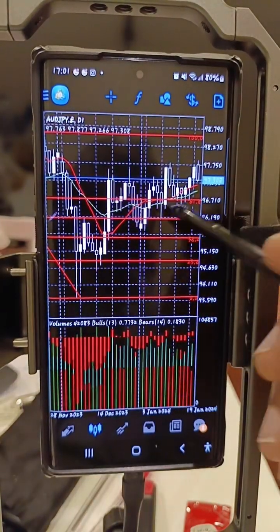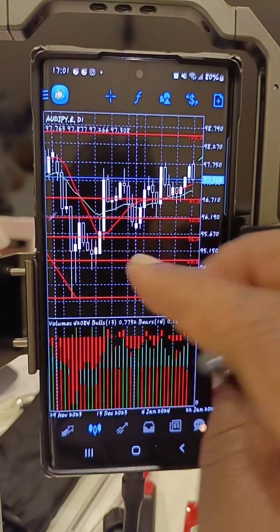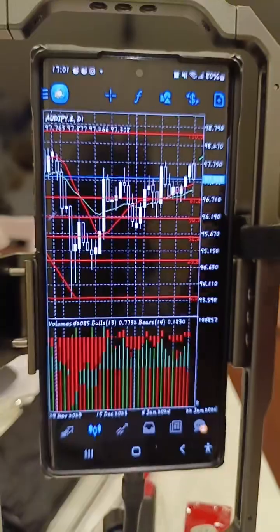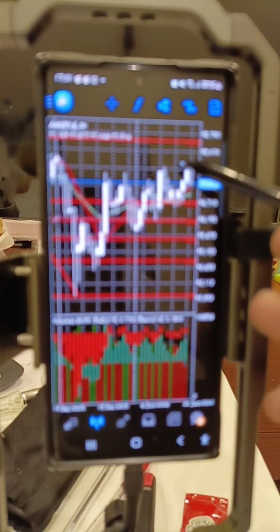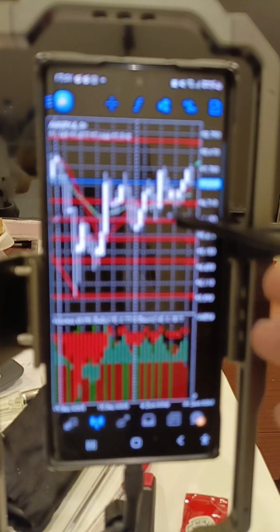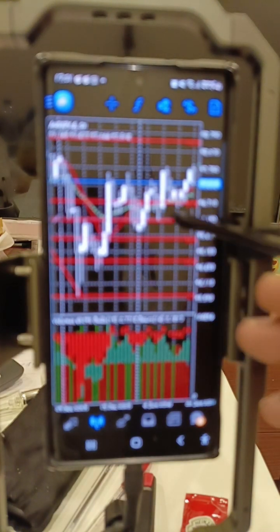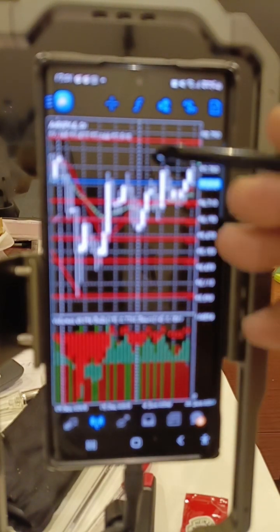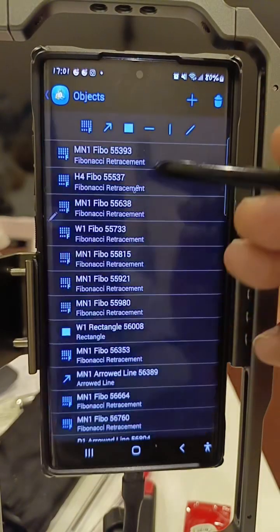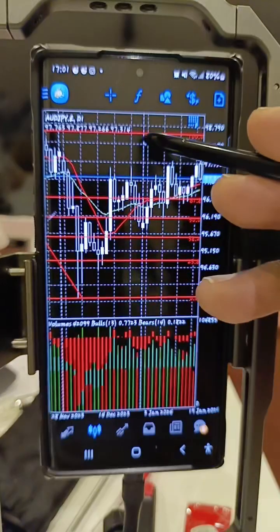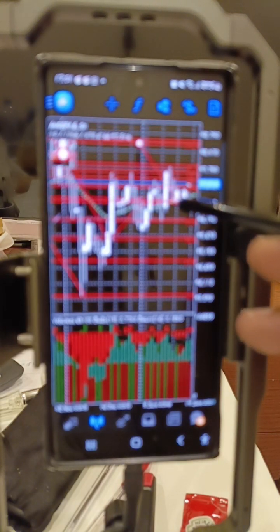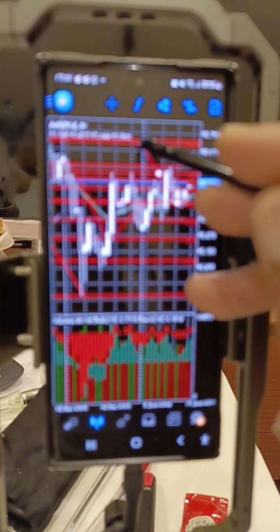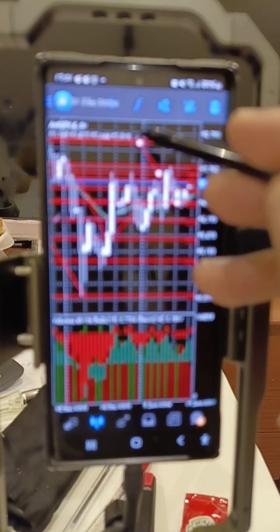I've also got my 20 MA, and this is the daily here. So I can see the daily. This is just for educational purposes.